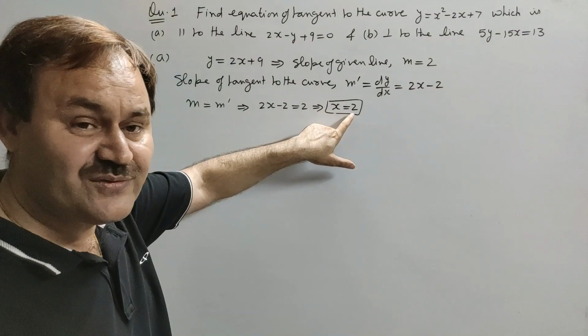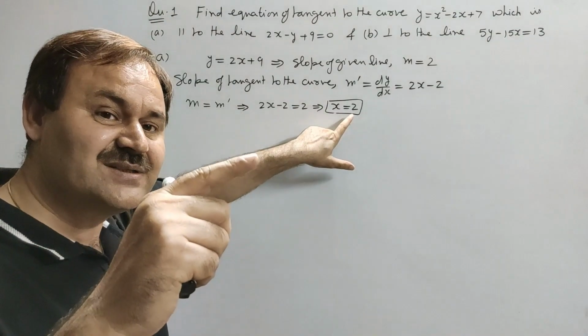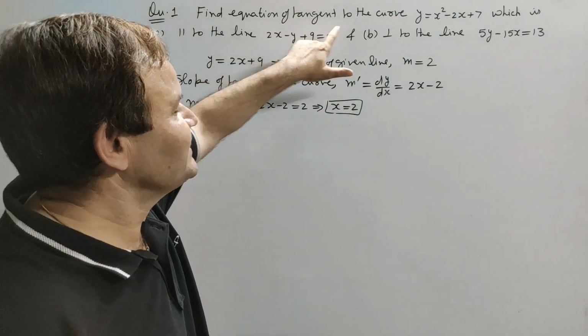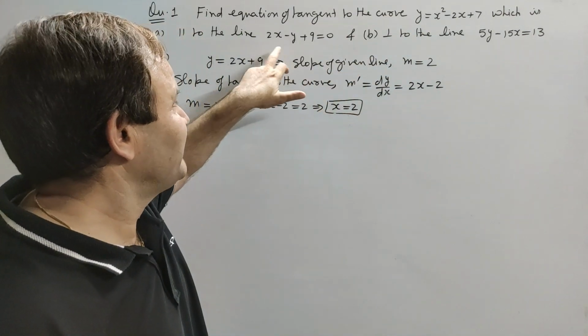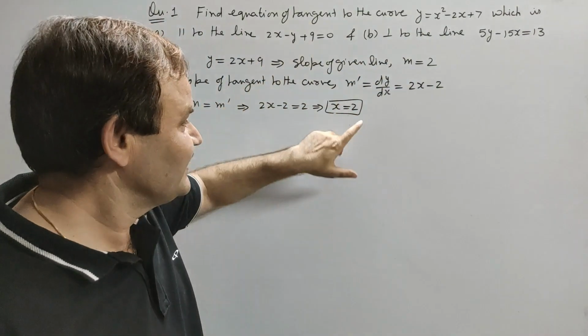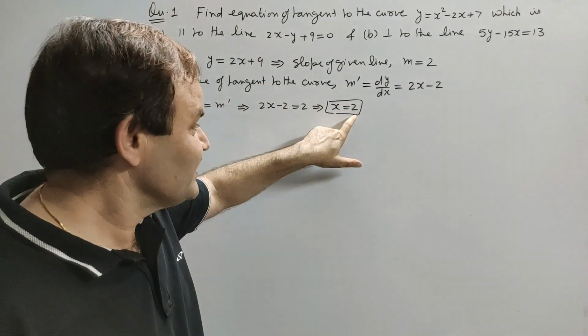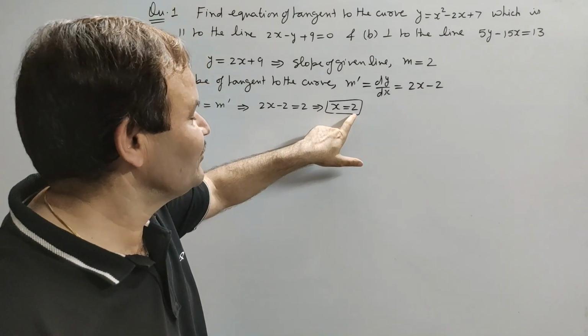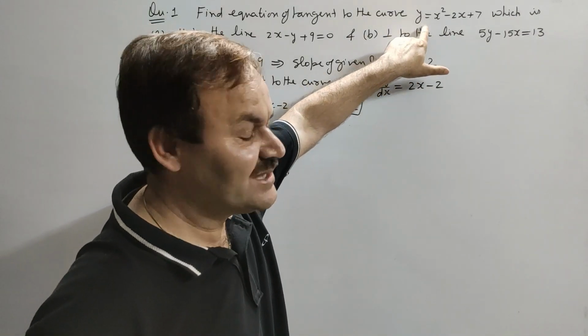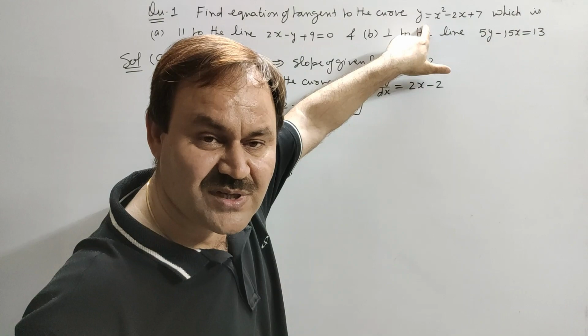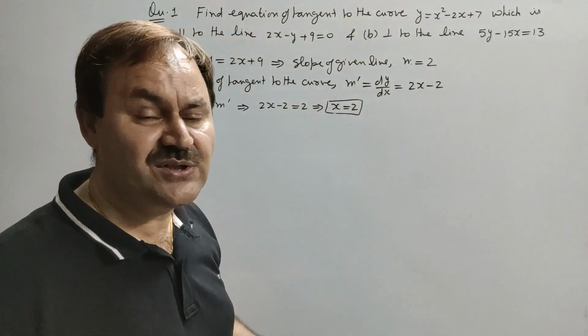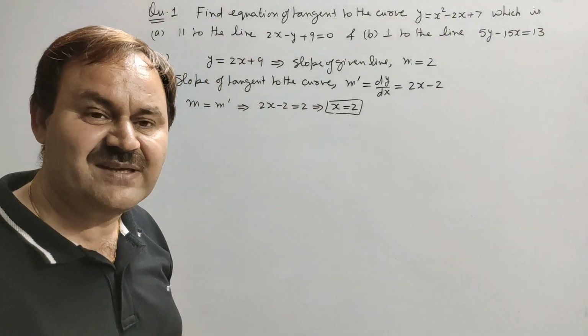If the value of x for that point at which the tangent to the curve is parallel to this given line is 2, then substituting this value of x in the equation of the curve, we can find the corresponding value of y.